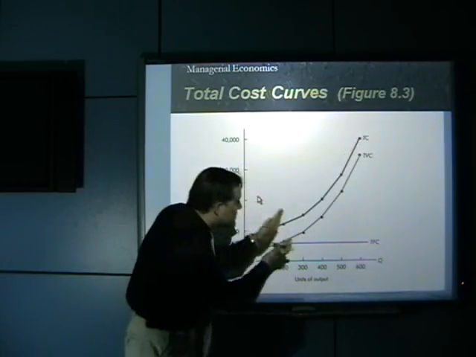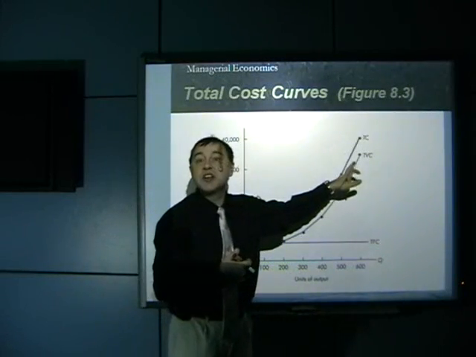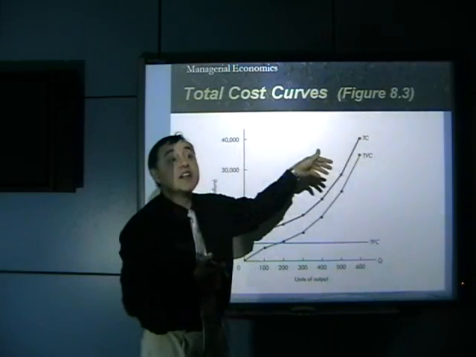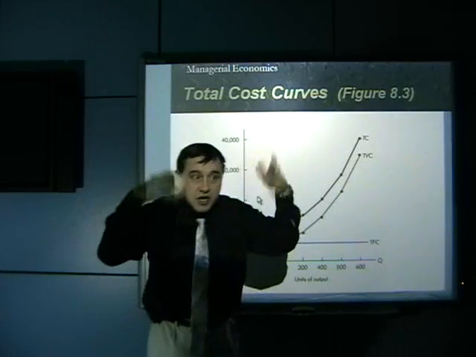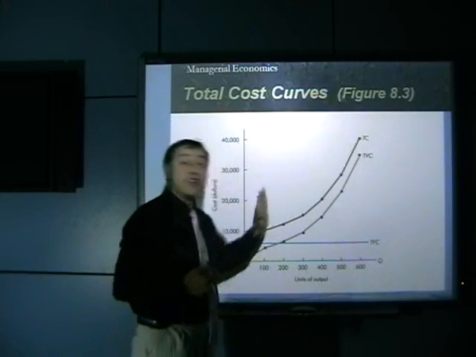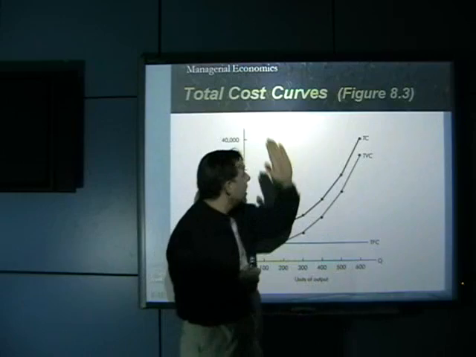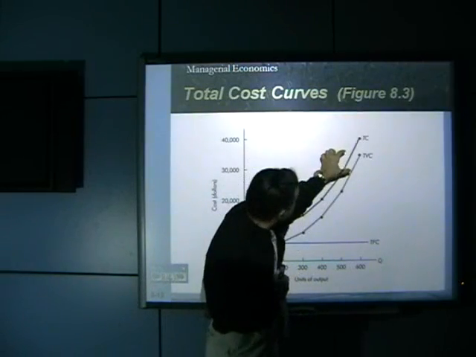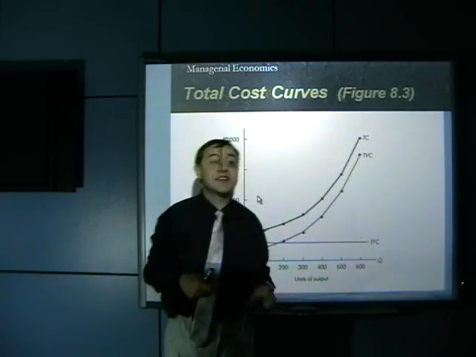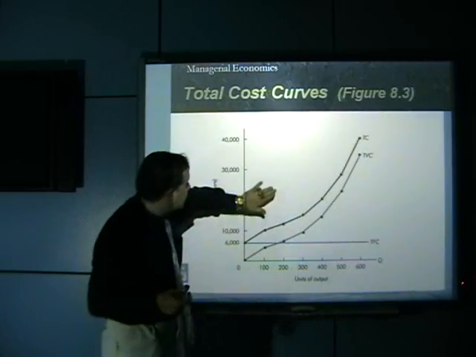So, the two curves flow parallel to each other, although it appears visually that they're getting closer to each other. The answer is, they're not. It is just an illusion of the eye. They are perfectly equidistant from each other when measured in vertical distance. So at any point in time when you cut a vertical distance between the two, you will actually get the same difference. And the same difference is how much? 6,000.